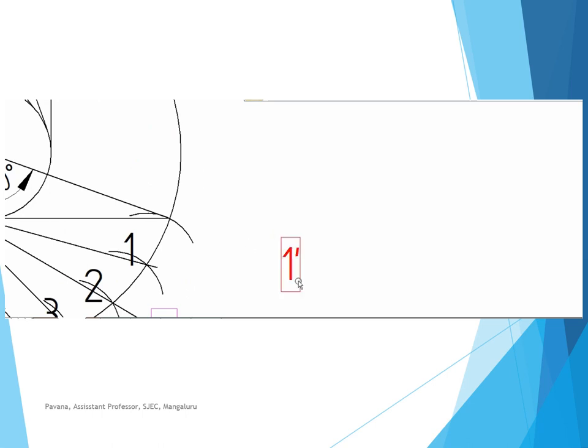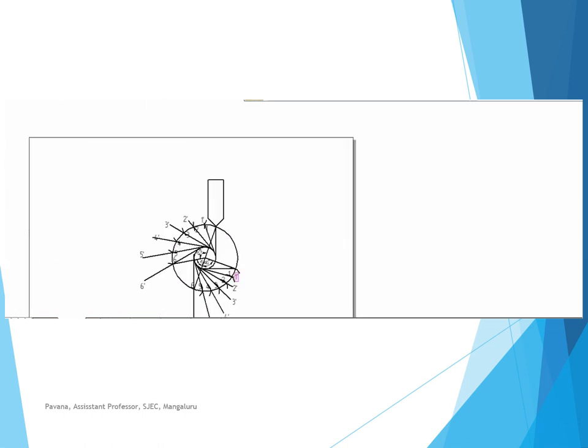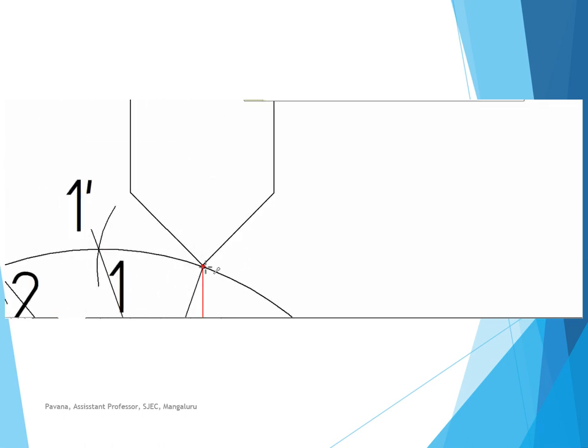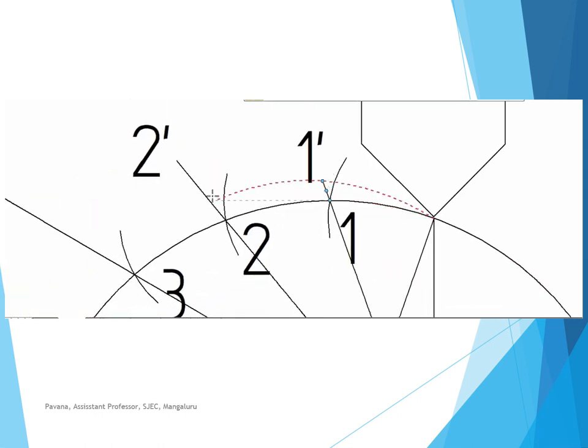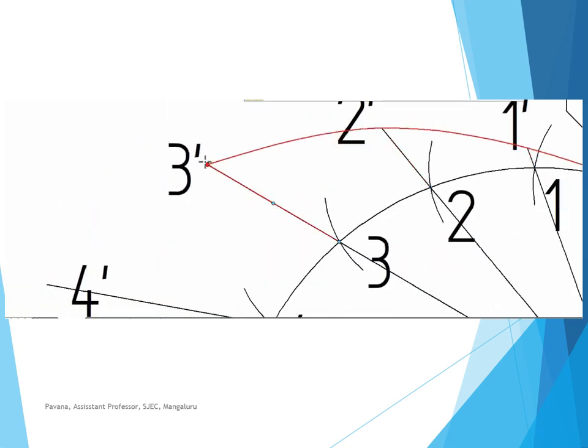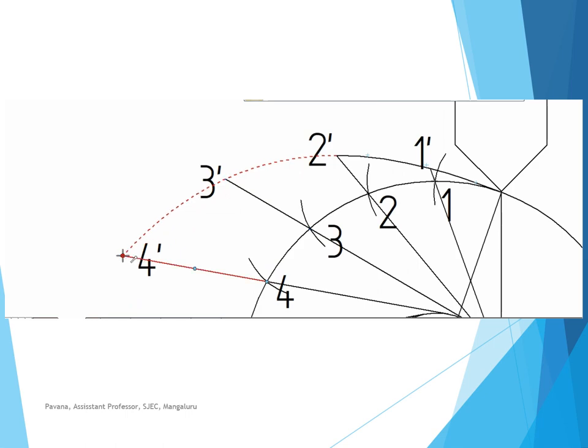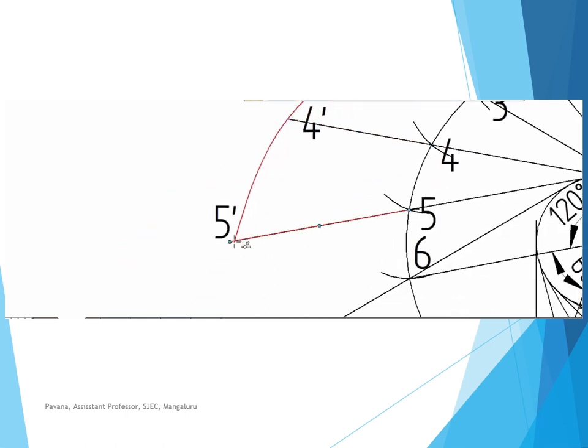The last step, drawing the cam profile. Draw a freehand curve from the first 0 point. Go on joining these endpoints: 1 dash, 2 dash, 3 dash, 4 dash, 5 dash, 6 dash.